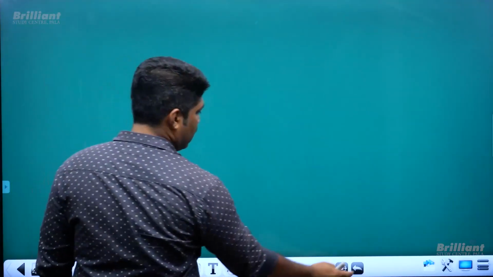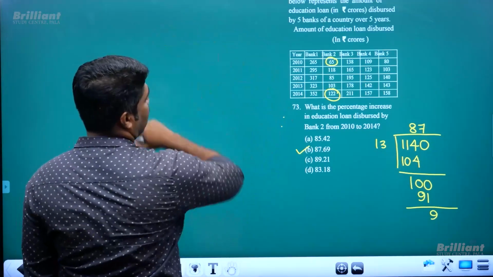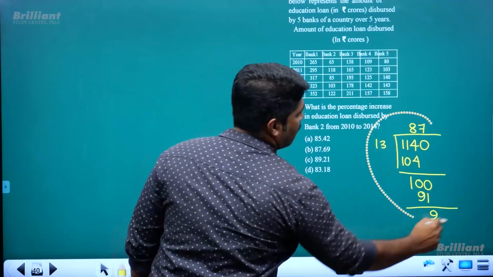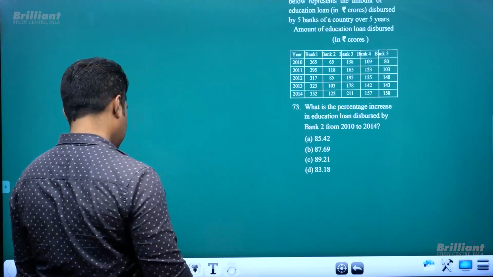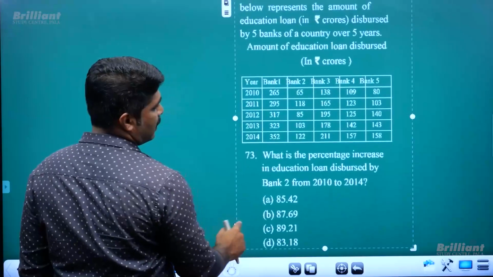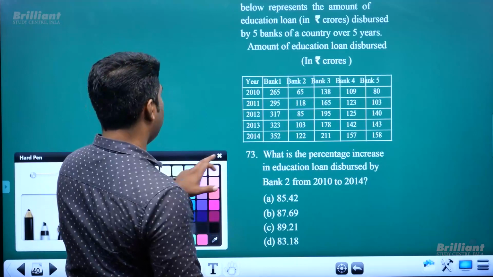From this data, we have to catch it. So this is the data. We have to check a continuous decrease or increase.